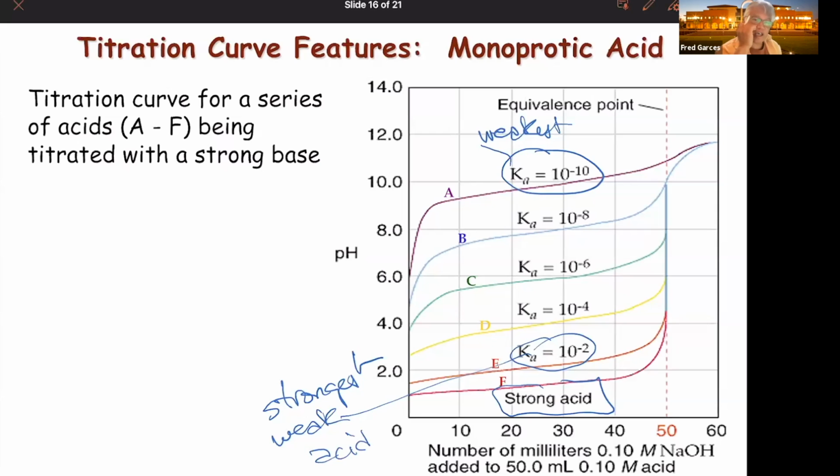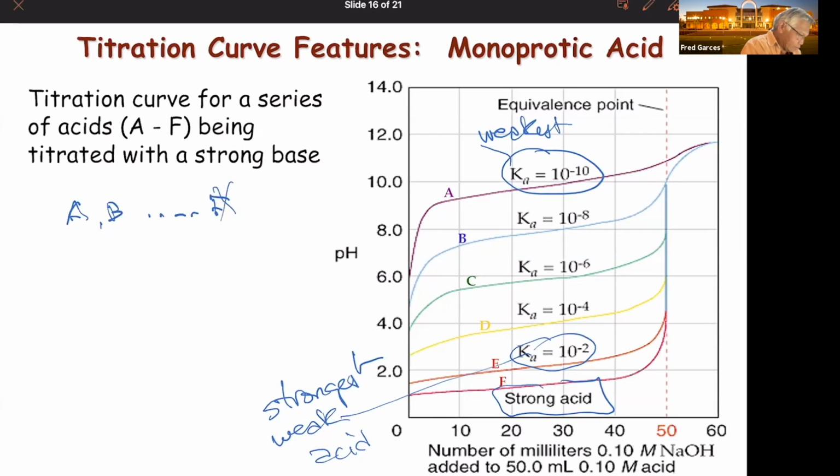Now, suppose I ask you, which of these acids will have a conjugate base that is the strongest? Let me rephrase that question. Among the acids, A, B, all the way down to F, these will all have conjugates.